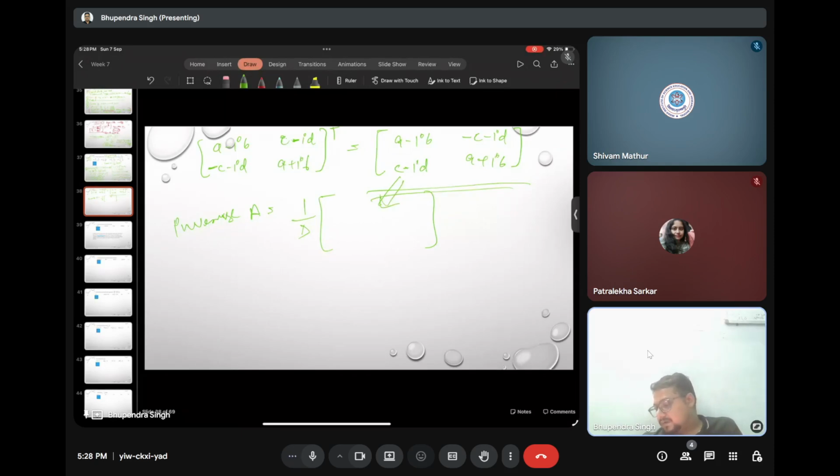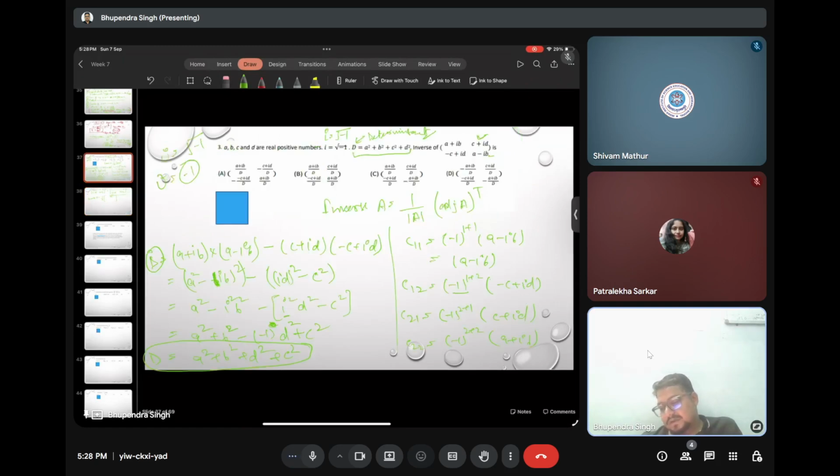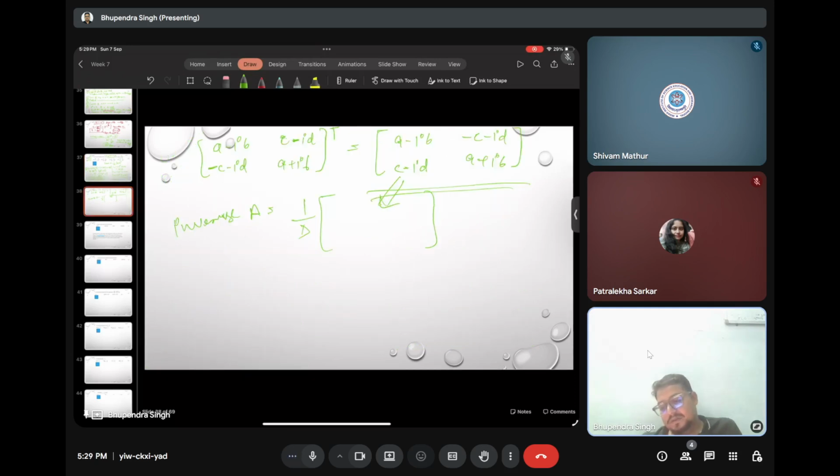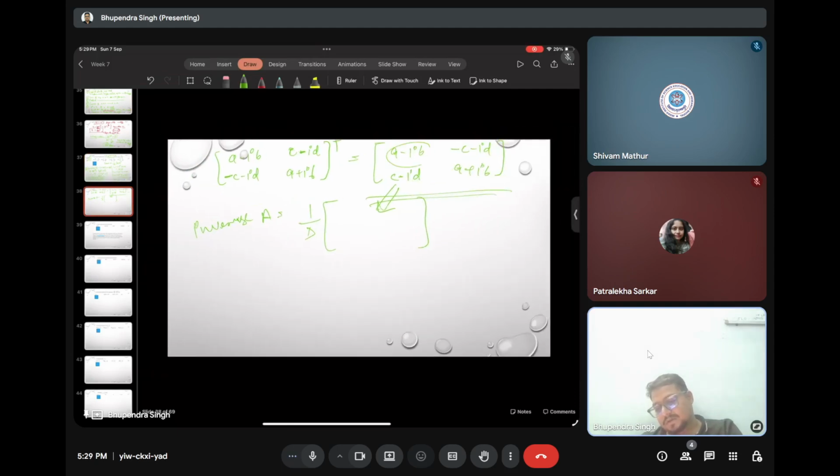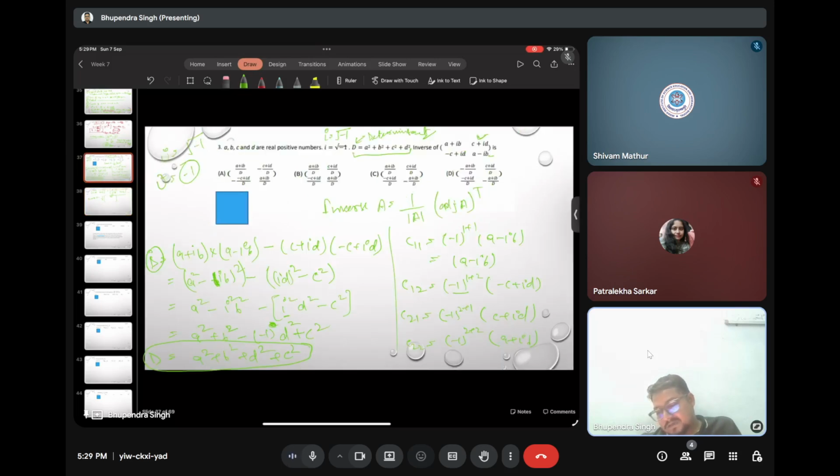So try to find out the answer. Here I can see 1 by D is everywhere, so this is not a problem. The first element 1 1 is A minus iB. A minus iB I am not seeing in any of the given options. There must be something wrong here.